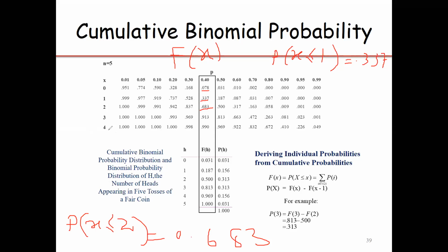When x is equal to 4, the probability is 0.99, meaning that the probability of x less than or equal to 4. So this table is a cumulative table. We can compute the probability of 3 by F3 minus F2. What is the meaning of capital F3? The meaning of F3 is this probability, 0.9133.